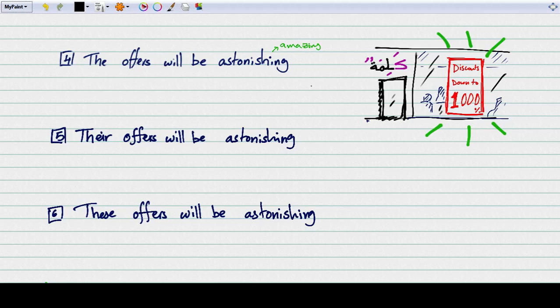What does that mean? In Arabic, we're gonna first translate the offers are astonishing, and then we're going to switch it to will be.